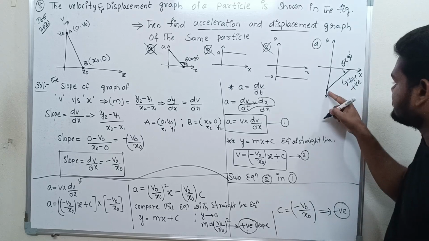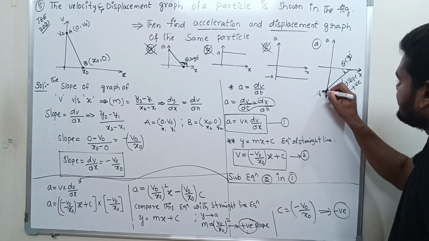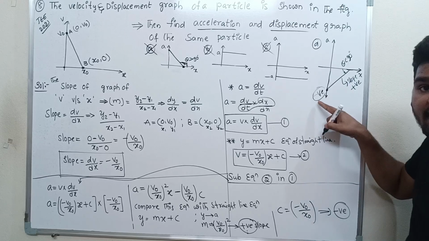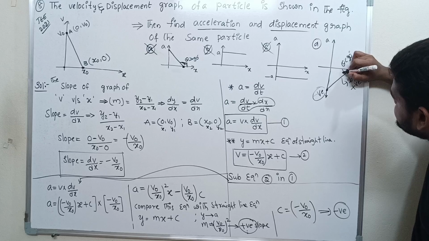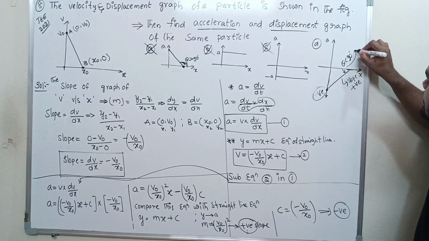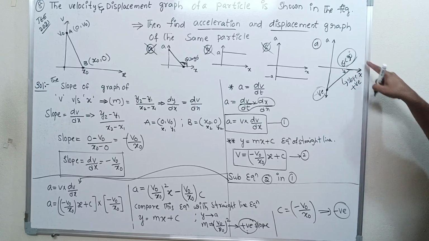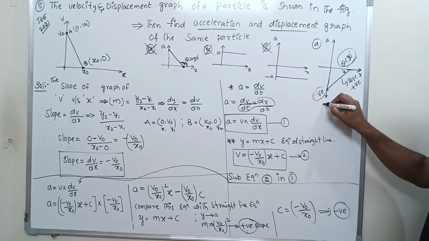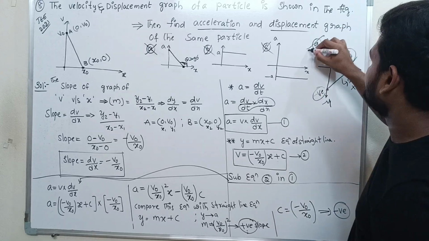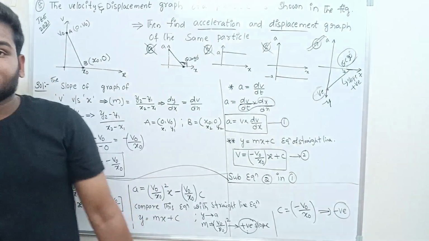The value of c is in the negative y direction, and the slope is positive because the angle theta from the positive x-axis is less than 90 degrees. Therefore, option D is correct.